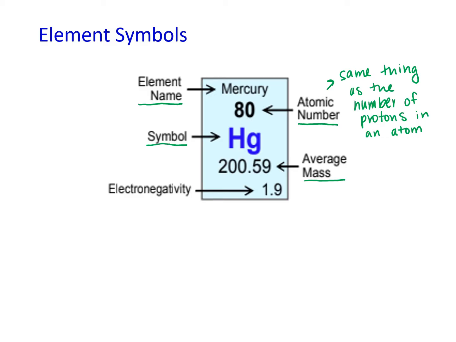In the bottom, we see this thing called average mass. Average mass is a weighted average of the different isotopes of an element. We will be talking about that in our average atomic mass video. What we want to look at here is when we round this average mass to the nearest whole number.